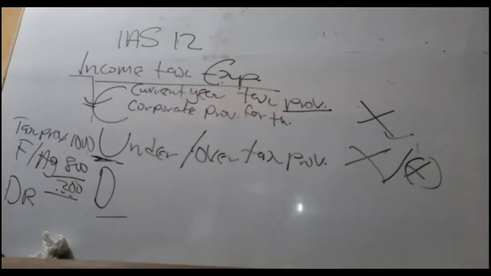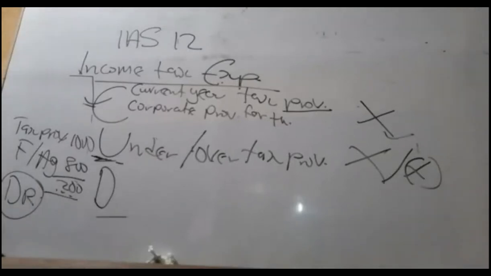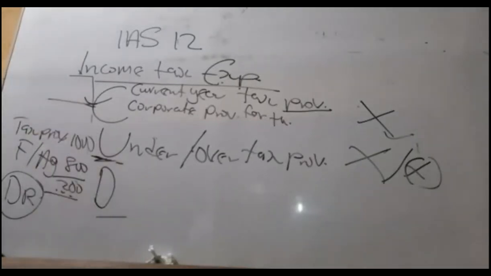So under will be at the debit side of the trial balance. The name is very important. They will call it current year tax. If you see tax without any description, not tax paid, not tax provision, just the word tax or current year tax, if you see current year tax in a trial balance, it represents under or over tax provision.